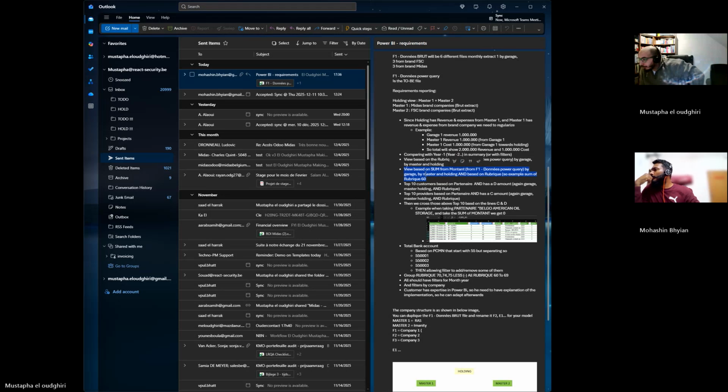Then being able to have a sum of what I showed you, the N column for each company, so that we see how much there is in debit and how much in credit.